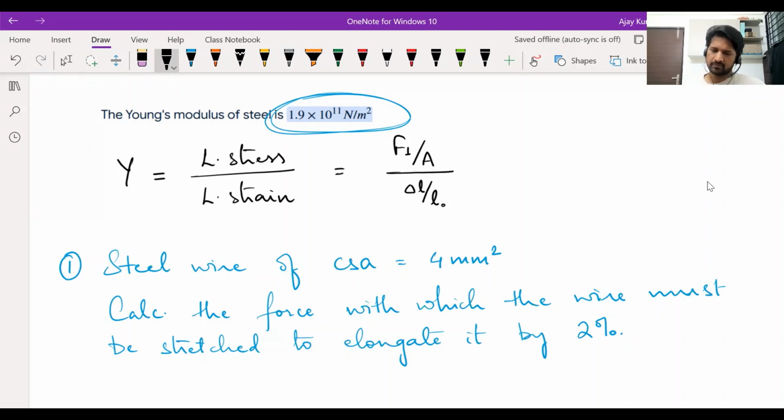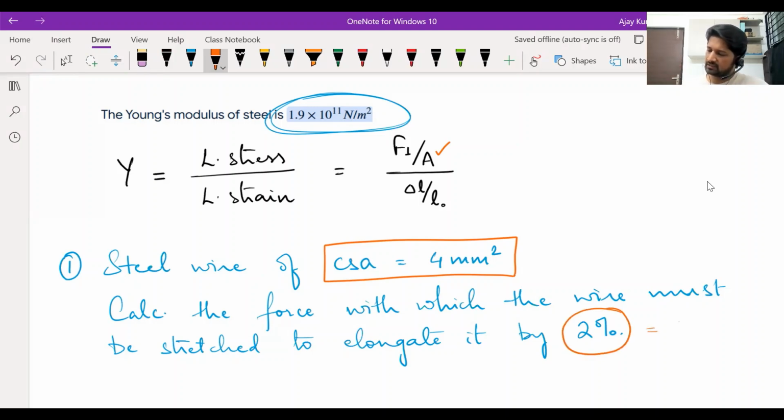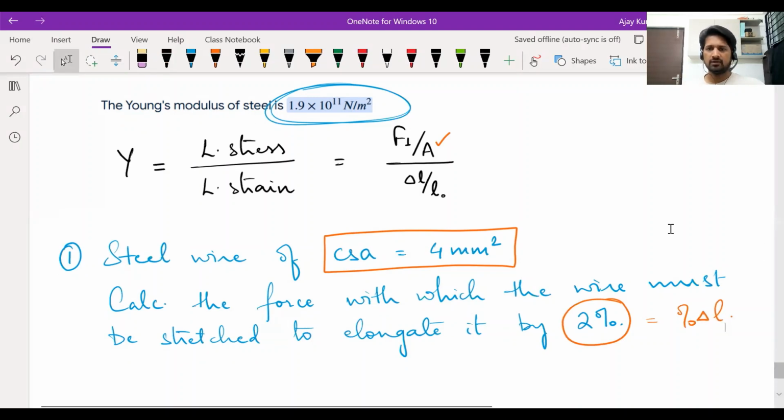So calculate this. You are given a steel wire of cross sectional area 4 millimeter square. Calculate the force with which the wire must be stretched to elongate it by 2%. So this 2% is the percentage change in length of the wire. Try this all of you. I'll give you 2 minutes.